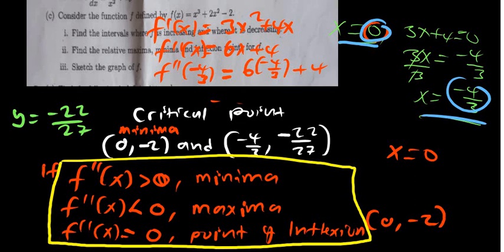What are we going to have? These two will cancel. I'll have 2 here. 2 times 4, I'll get negative 8 plus 4. The answer is negative 4. At that point, when x is equal to negative 4 over 3, we have got maxima, meaning this point is our maxima.